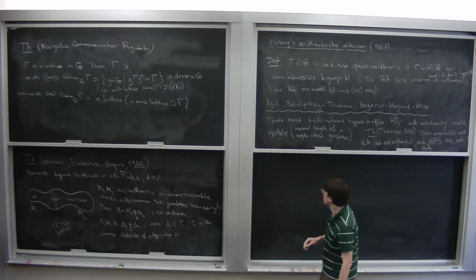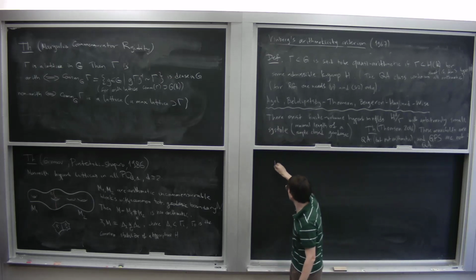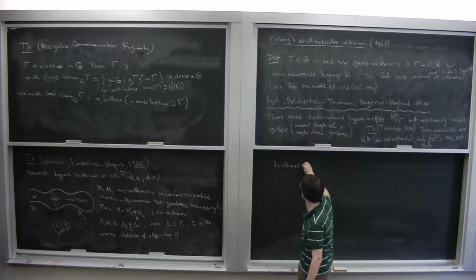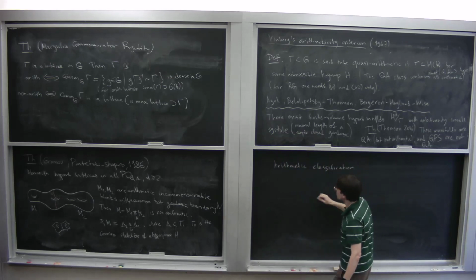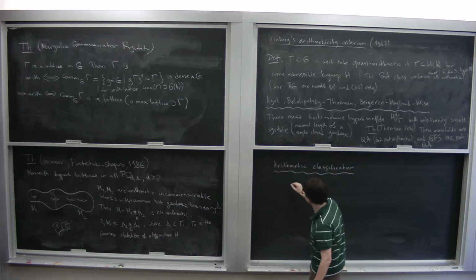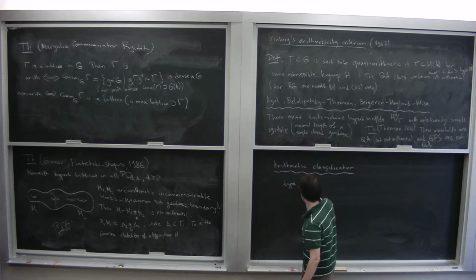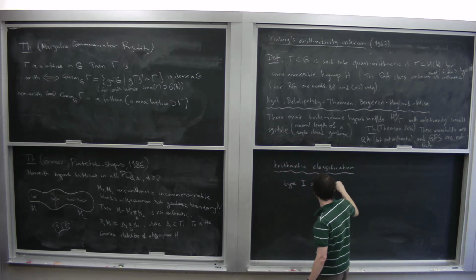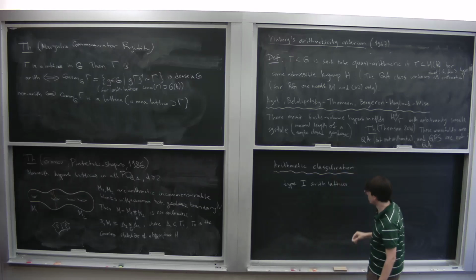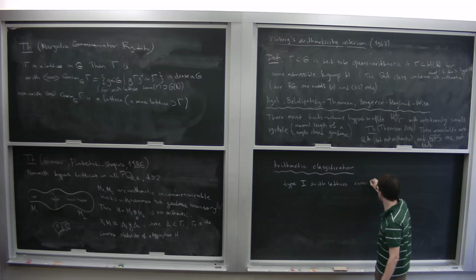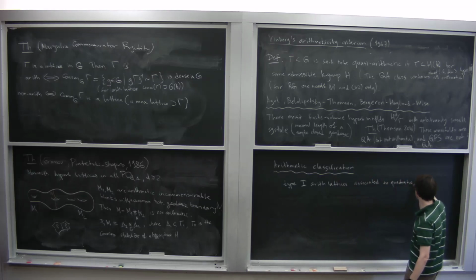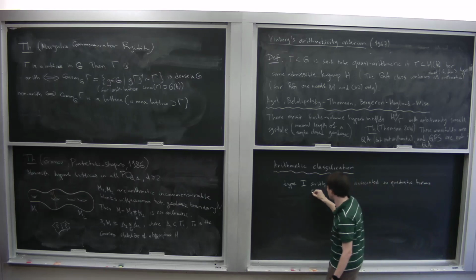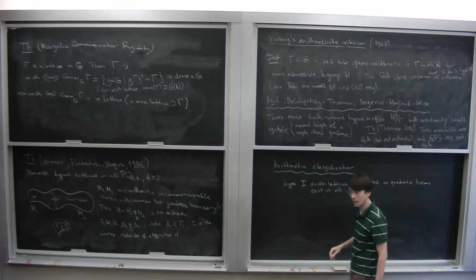As for the arithmetic classification, we have type 1 arithmetic lattices, those called of simplest type, associated to quadratic forms, and they exist in all H^d.